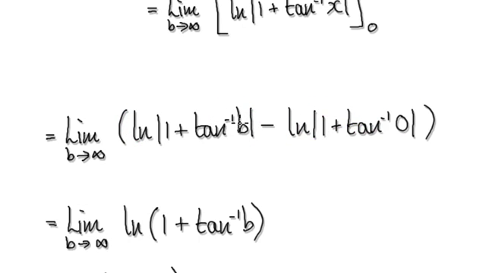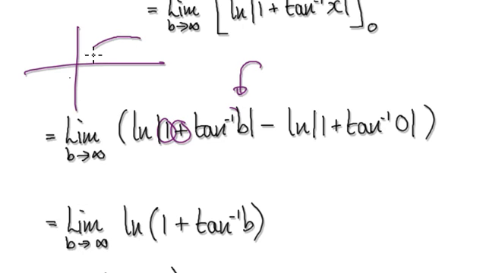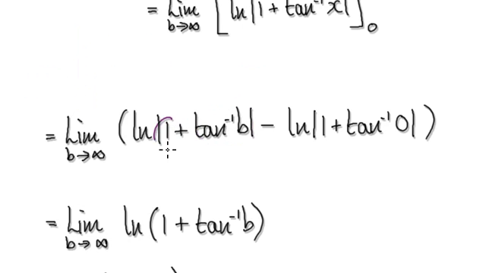If you look at this, b is always positive, so inverse tan of b is positive, and then you add another positive number. This whole thing will always be positive, so we don't really need the absolute value here.